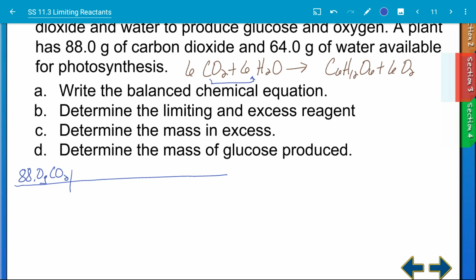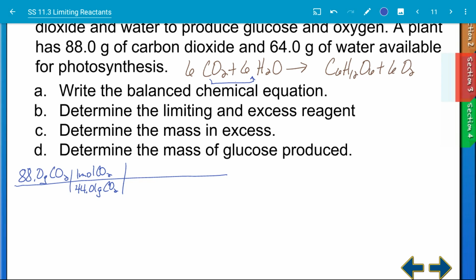So 1 mole of carbon dioxide weighs, let's see, carbon is 12.01 plus oxygen, CO2 is 32 for 2 of them. So 1 mole of carbon dioxide is 44.01 grams of carbon dioxide.